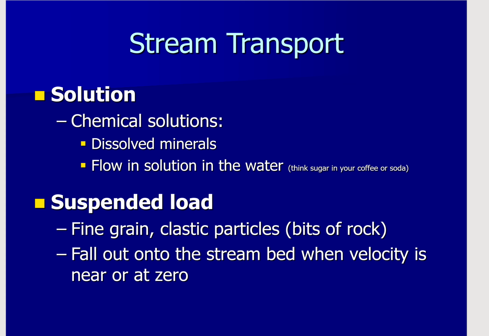What you're looking at is all of that stuff in the river that's moving alongside the water. It's moving with the water from the bottom of the river bed all the way through to the top. All right. It only falls out of the river when the river stops flowing. The velocity has to be at or near zero.